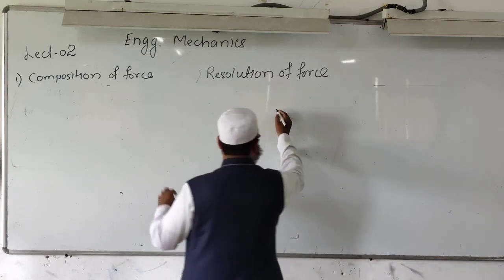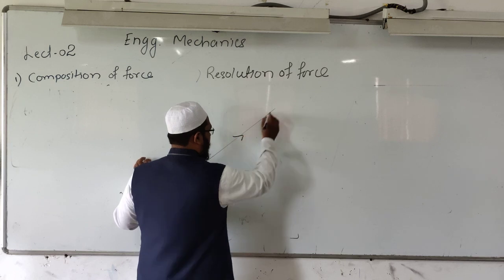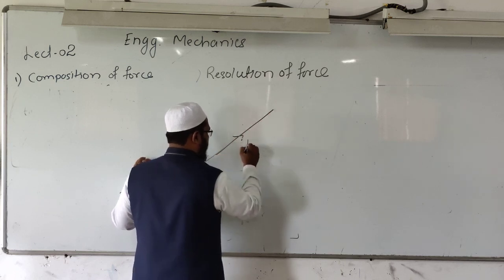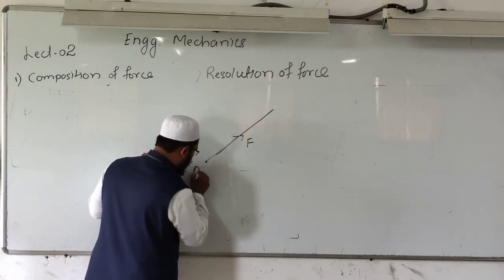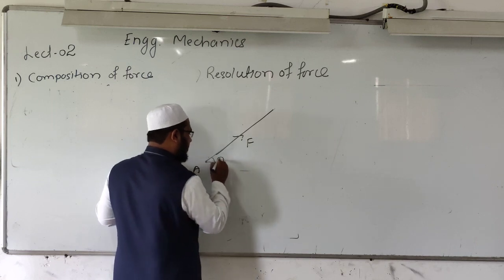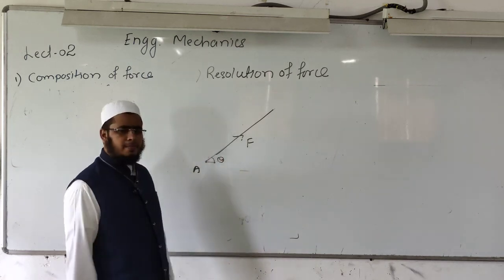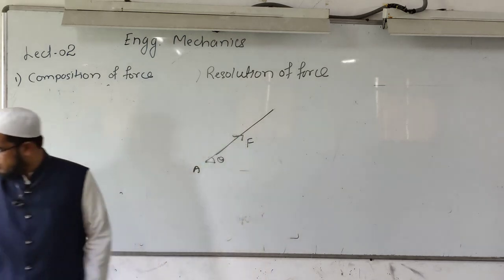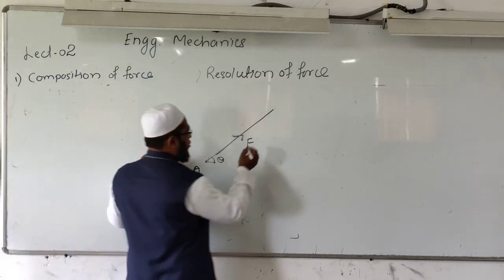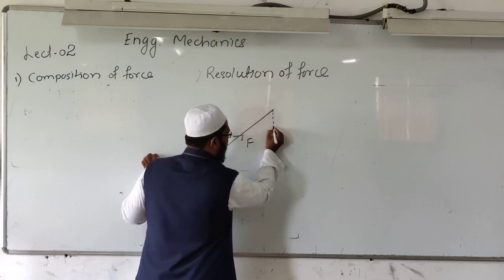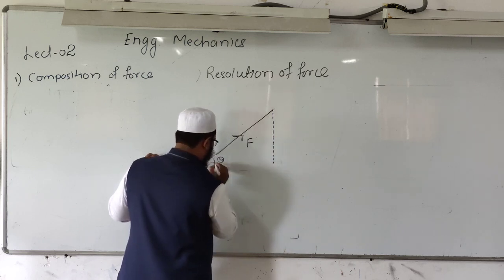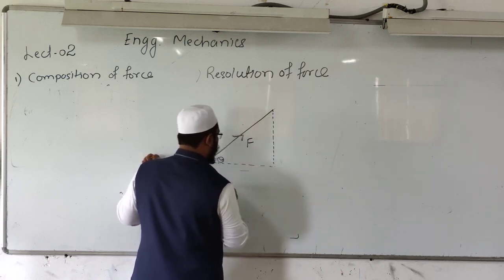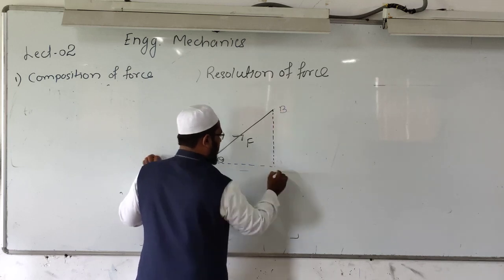Very easy. Assume that force F1 is acting at point A, having angle theta. To split it into its components, I will make a triangle ABC.